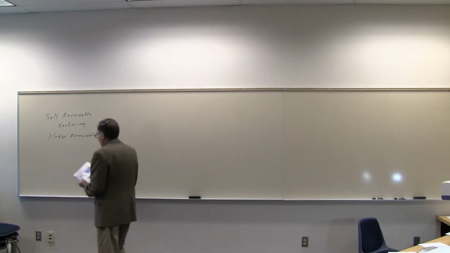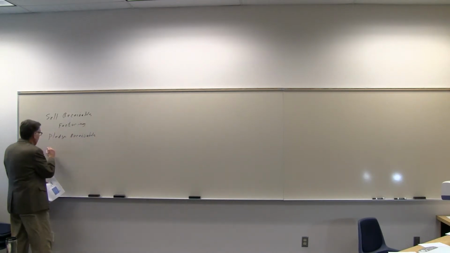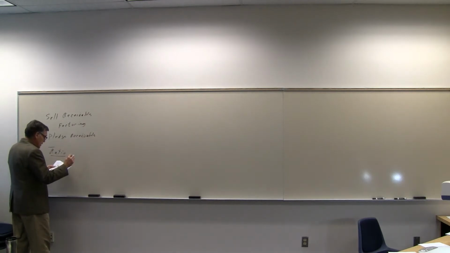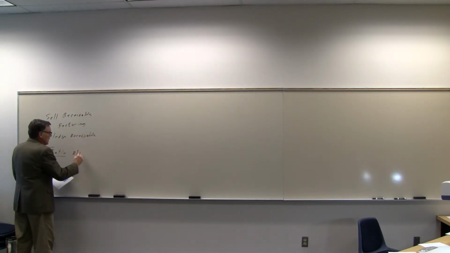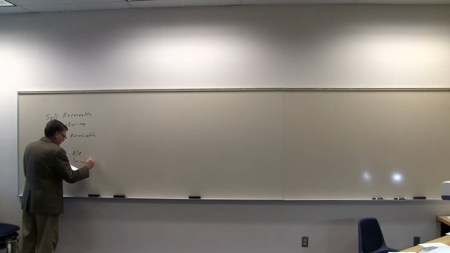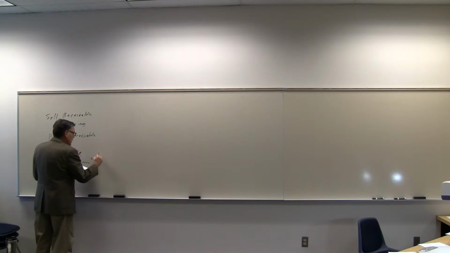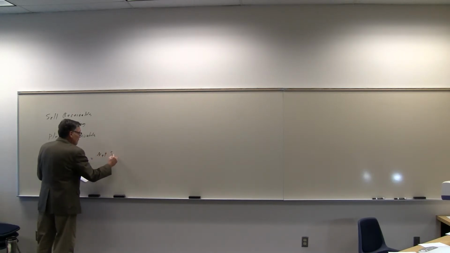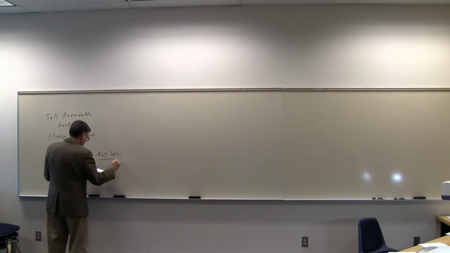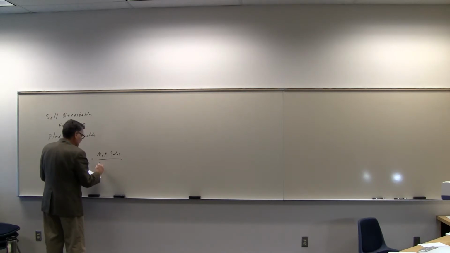The ratio in this chapter is the accounts receivable turnover. I'm going to write A/R turnover. And in this case, it's net sales divided by average accounts receivable.